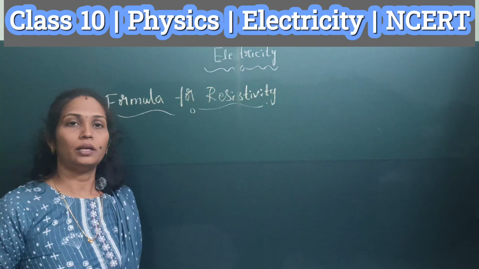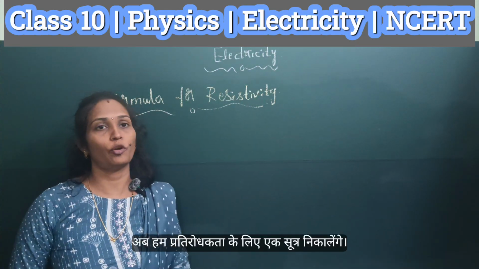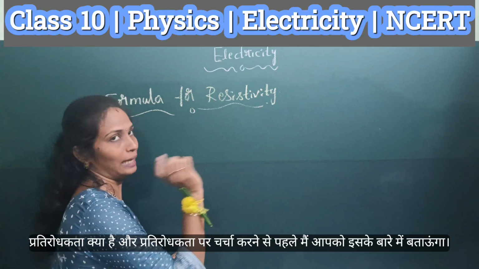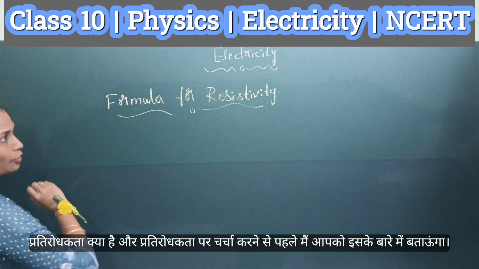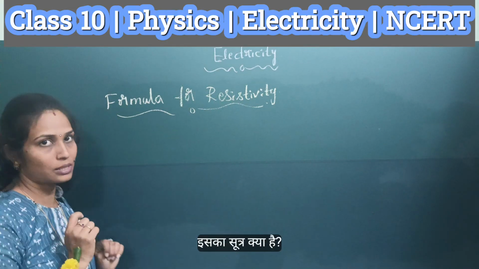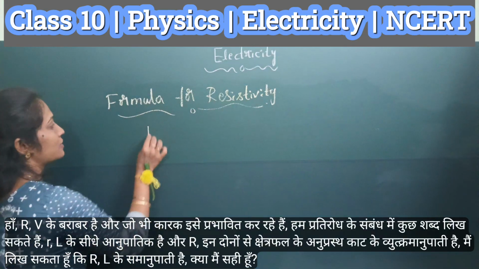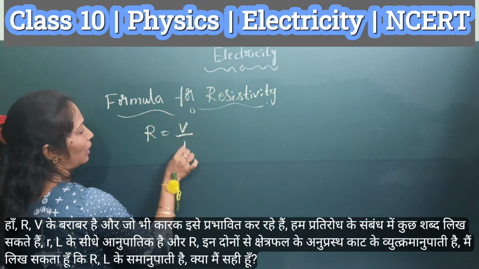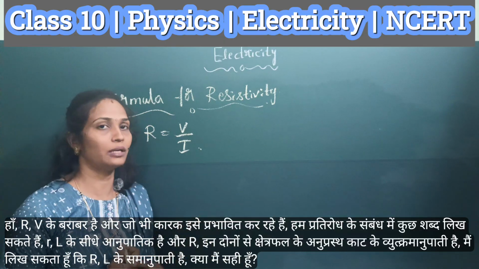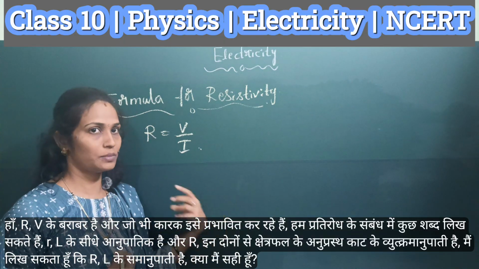Okay. Now we'll derive a formula for resistivity. I'll tell you what resistivity is, but before going into it, let me ask you one question. What is the formula for resistance, guys? R is equal to what? V by I. And from the factors that are affecting resistance, we can write a few terms.